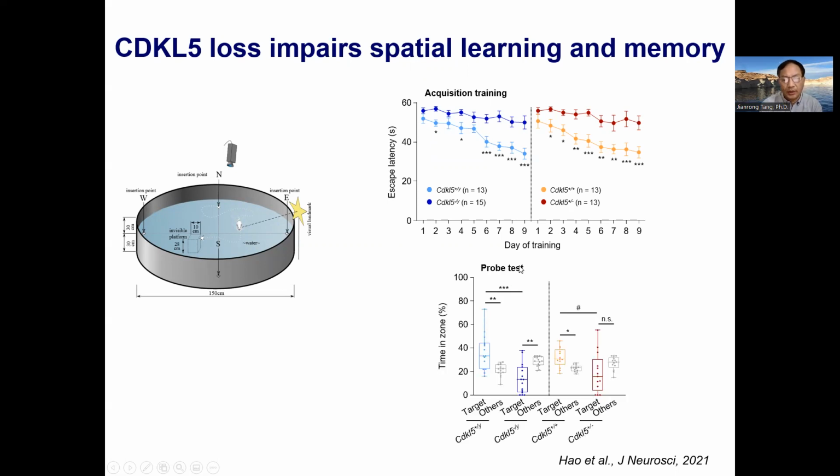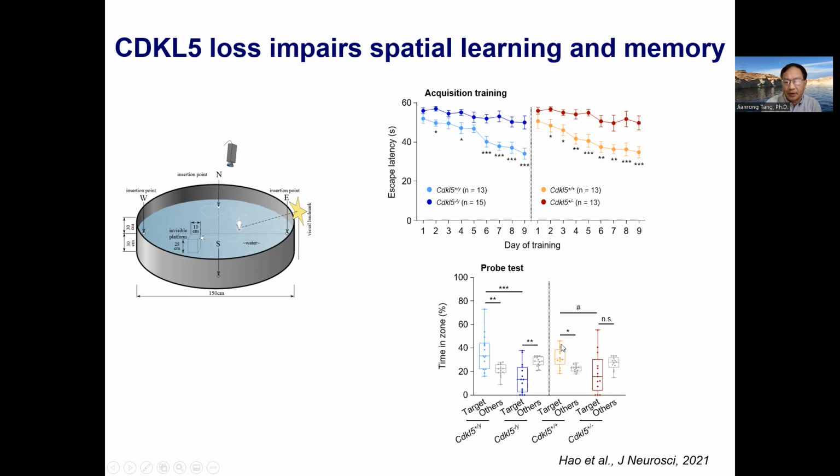In the probe test without the platform, the male wild-type mice show clear preference for the target quadrant, but not the male mutant mice. As a result, there is an impairment of the reference memory.